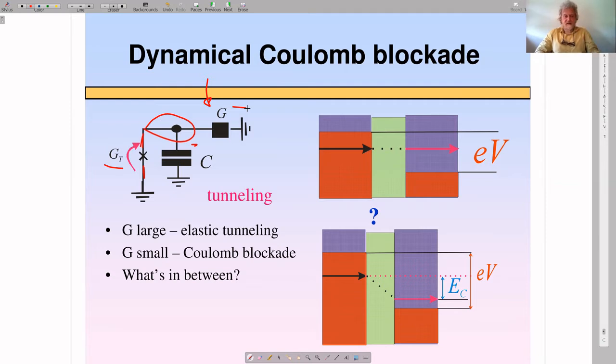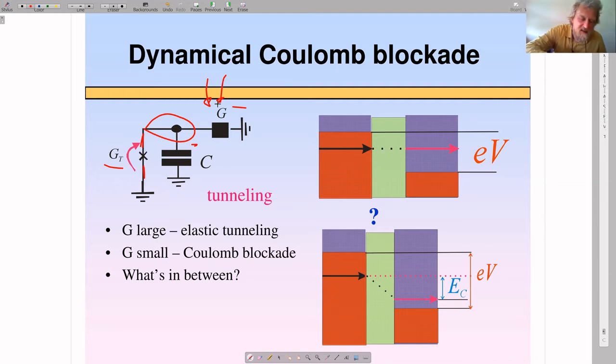Two limiting cases. If this connecting conductance is large, we can set it to infinity. Then what we will have is just two leads, both at equilibrium. And then we know how to describe transport, it's just elastic tunneling, something which we have discussed in lecture number 1, 2, and in several lectures afterwards.